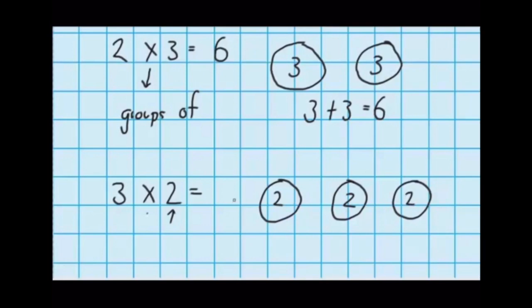So from that you can see that 3 times 2 also equals 6. So you can see the order of these numbers, or factors, hasn't changed the answer. Here it was 2 groups of 3, and here it was 3 groups of 2.